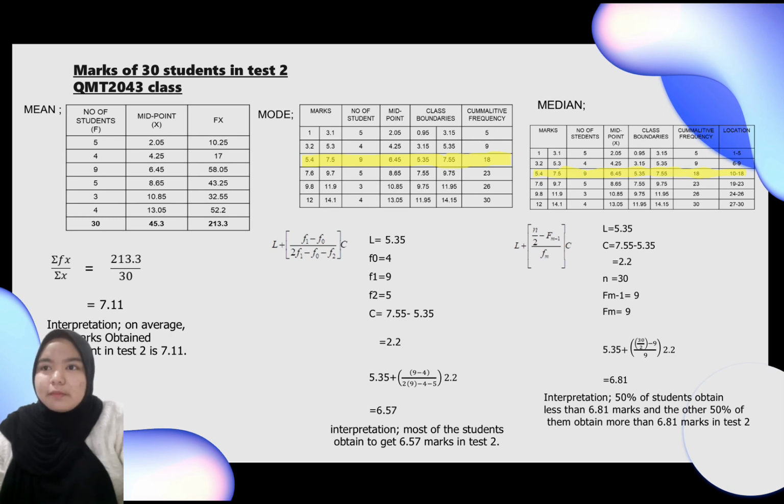For the median, we got 6.81. The interpretation is 50% of students obtain less than 6.81 marks and the other 50% of them obtain more than 6.81 marks in Test 2.